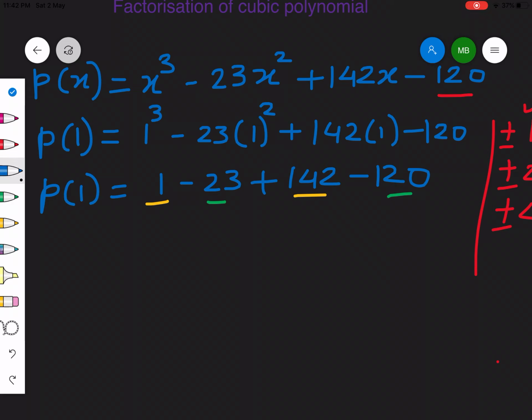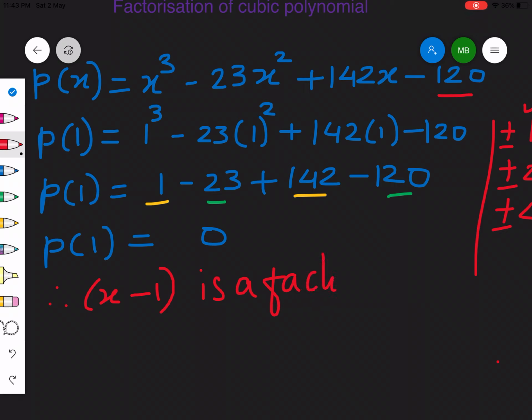Minus 143. Yes, so can I say that p of 1 is 0? Now the moment I say p of 1 is 0, it means I can declare here that therefore x minus 1 is a factor.